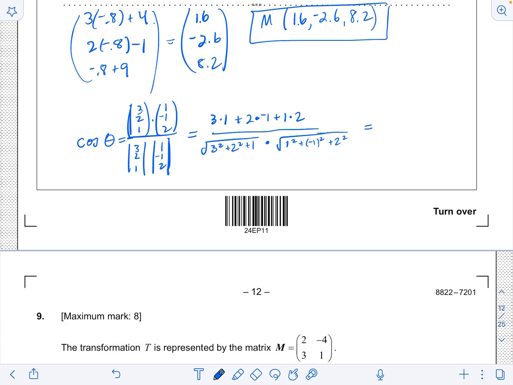And when you simplify all of that, you get cosine theta. I'll just go straight to theta. You simplify it and then take the inverse cosine of that value, and you get that theta is 1.24 radians.